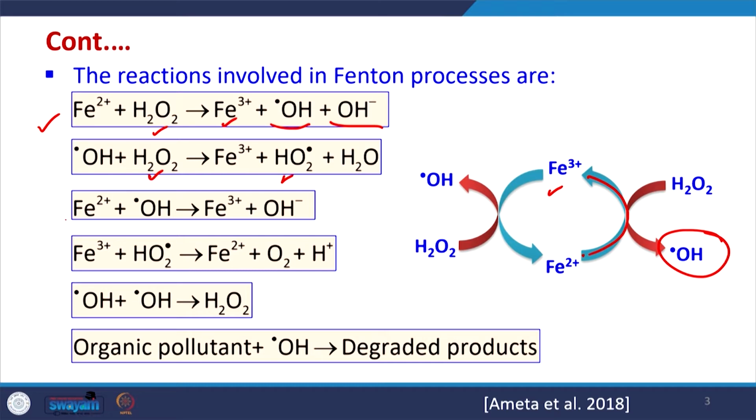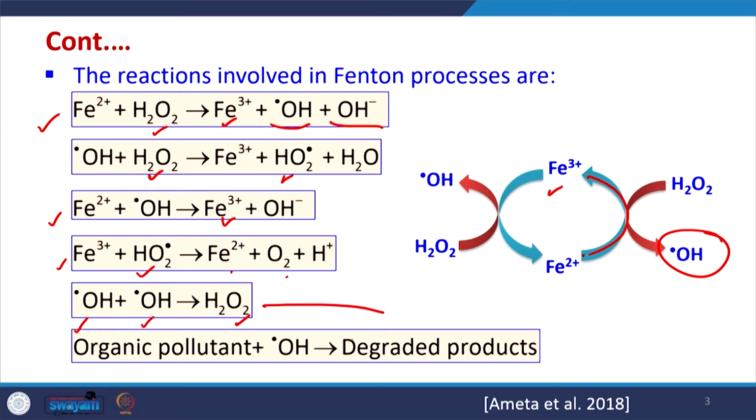Fe2+ itself may combine with the radical produced to form Fe3+. Fe3+ can combine with the peroxy radical to form Fe2+ ion or O2. OH radicals may also combine to form H2O2. Some of these reactions are undesirable.